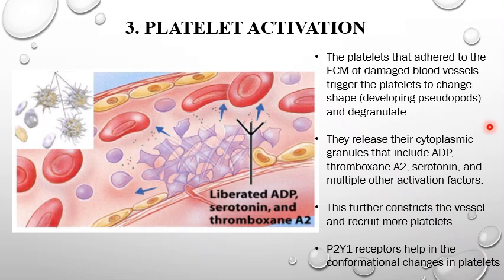The degranulation of platelets releases their cytoplasmic granules that include ADP, thromboxane A2, serotonin, and multiple other activation factors. This further constricts the blood vessels and recruits more platelets. P2Y1 receptors help in the conformational change in the platelet that helps in the formation of pseudopodia.